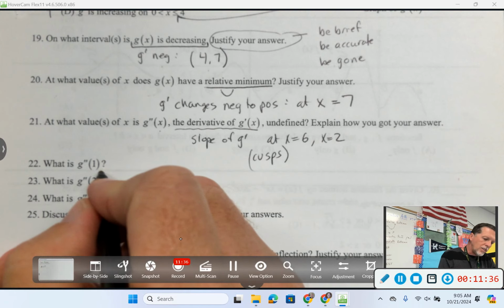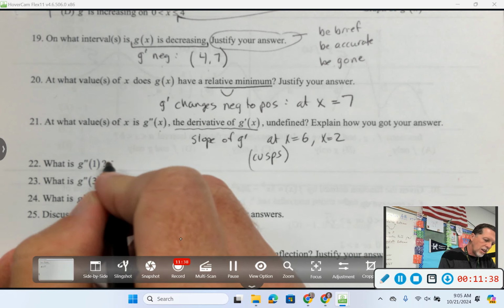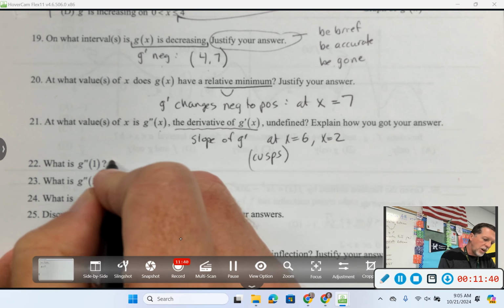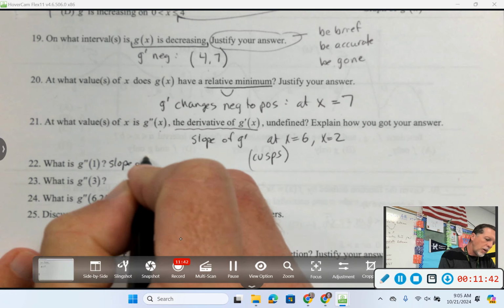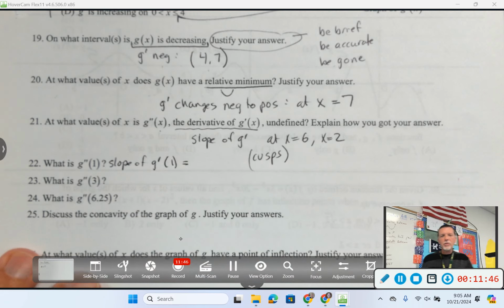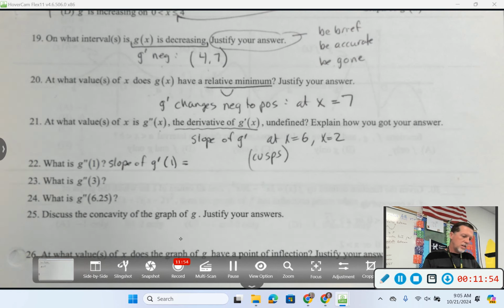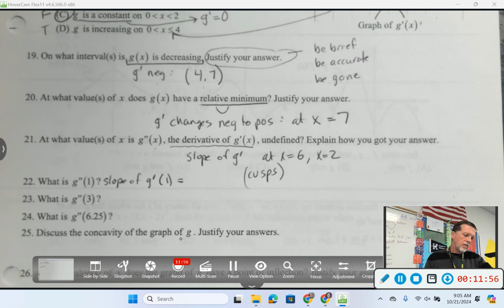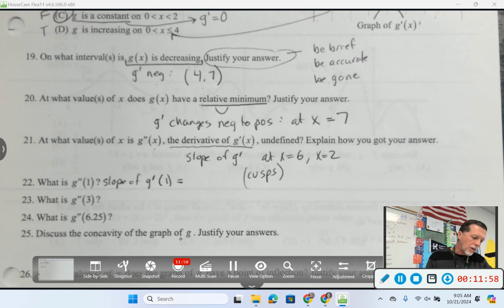Let's see, what is G double prime of 1? Well, G double prime is the slope of G prime at 1. So I would sort of reword the question, because I don't have any information about double prime, but I do have information about prime. So what's the slope of G prime at 1? Careful, what's the slope of G prime?